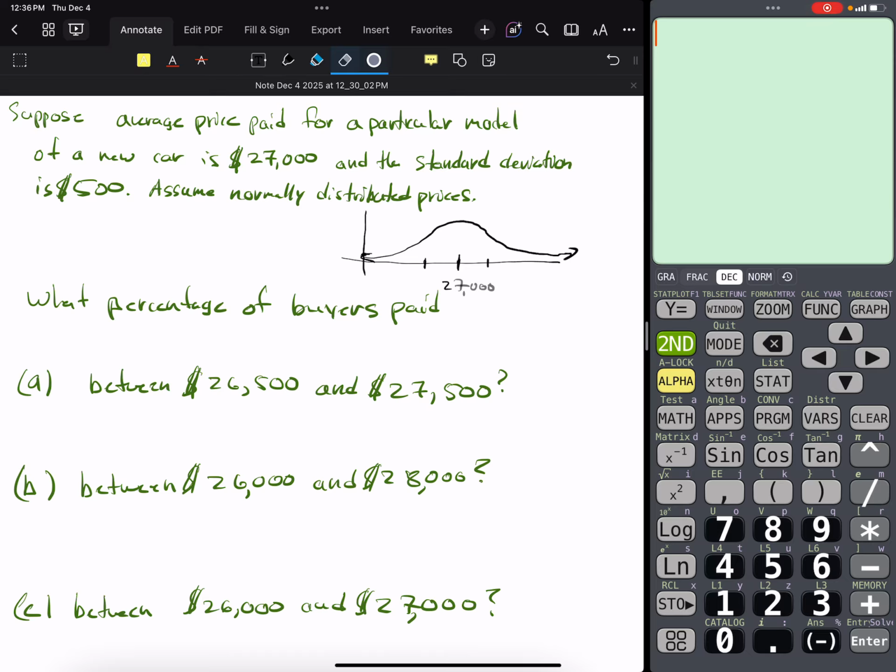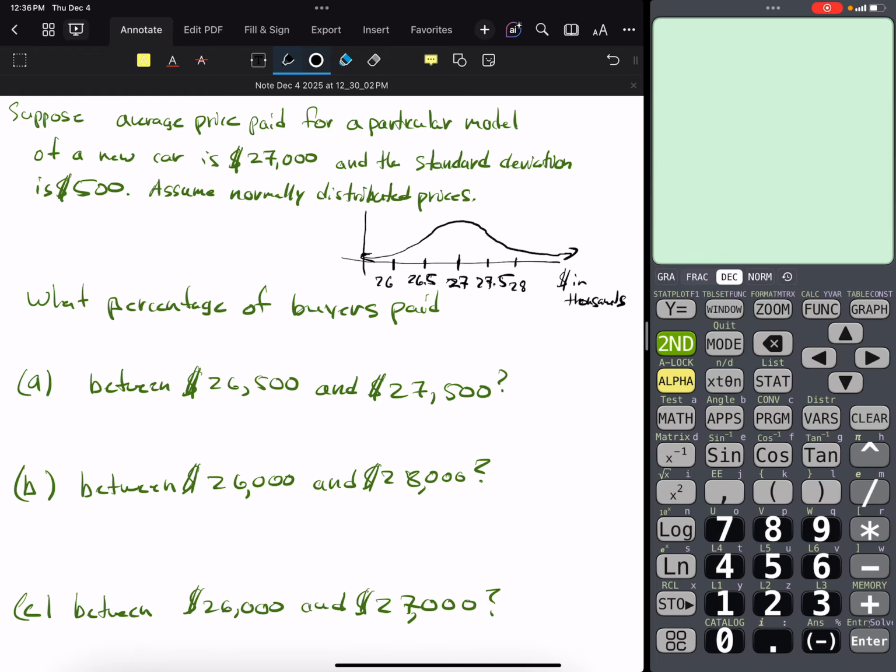So we're going to say dollars in thousands. All right, so 27, and then we've got 27.5 and 26.5, and then over here we'd have 26, and over here we'd have 28.